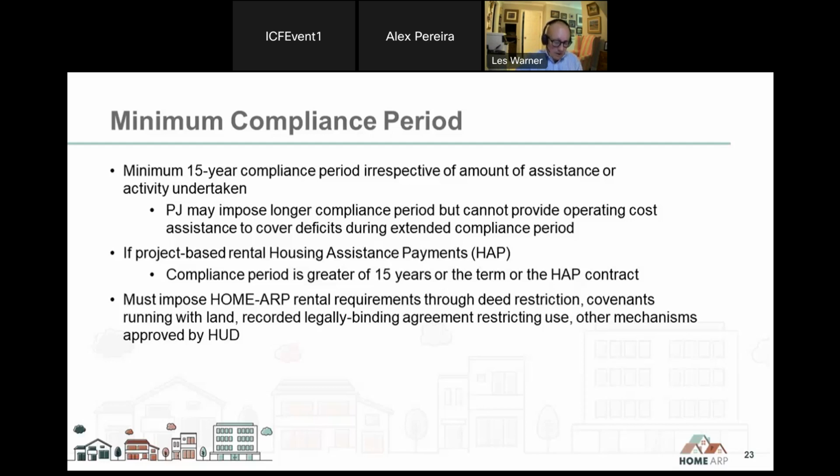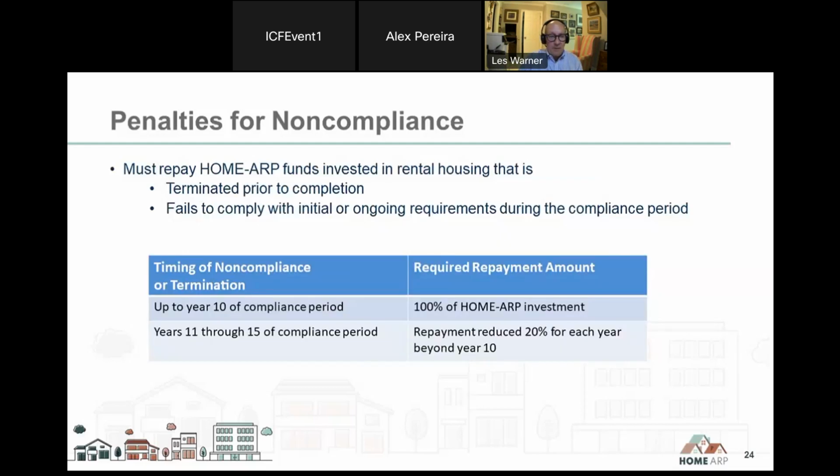We're going to be talking about what's going to happen if we fail to impose this compliance period. So this is important for the PJ, to ensure that we're going to meet this minimum compliance period and that there's no money that has to be paid back on this.